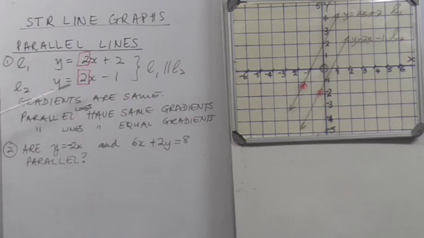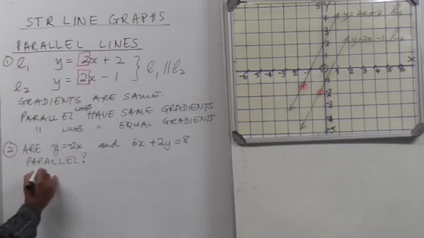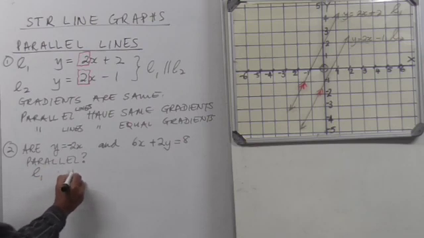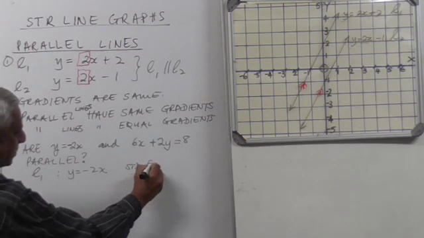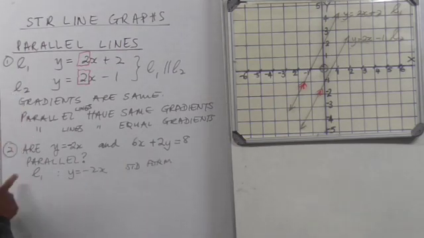Well, we just learned that if the gradients are the same, they are parallel. We can't compare them straight away, so what we do is this. Line 1 is y is equal to minus 2x. This is in standard form, so everything is in order for this one.